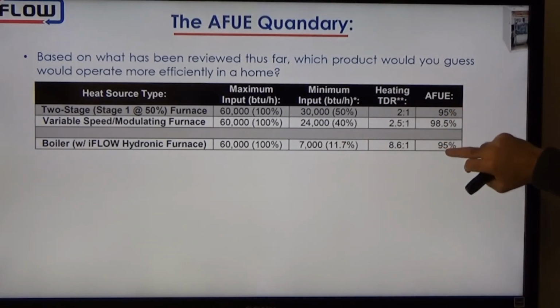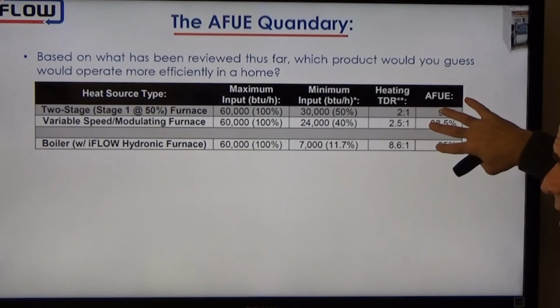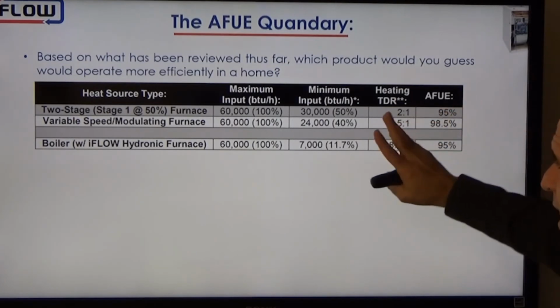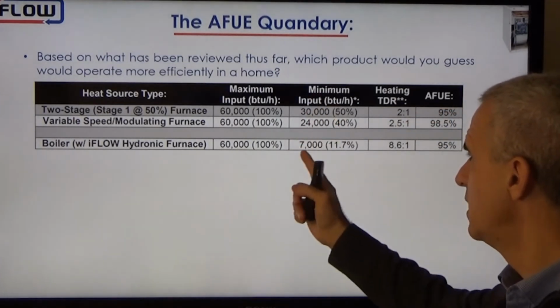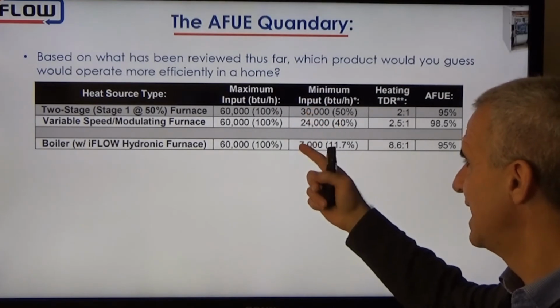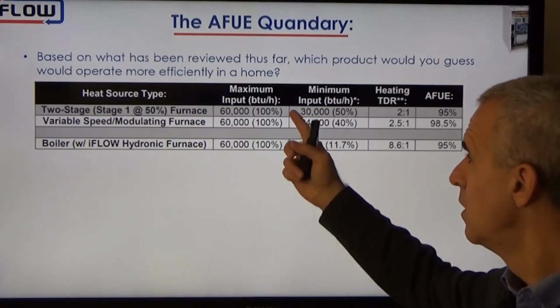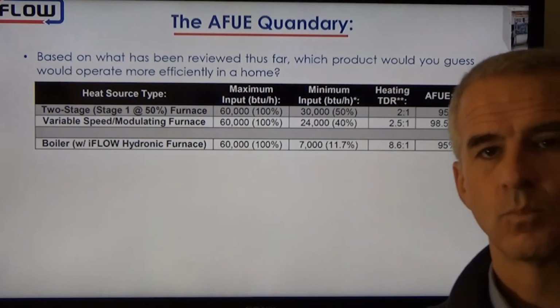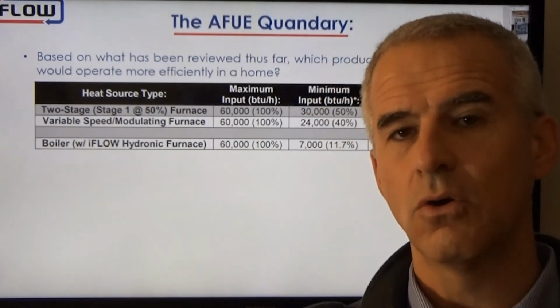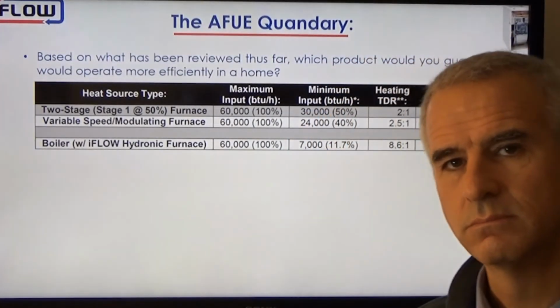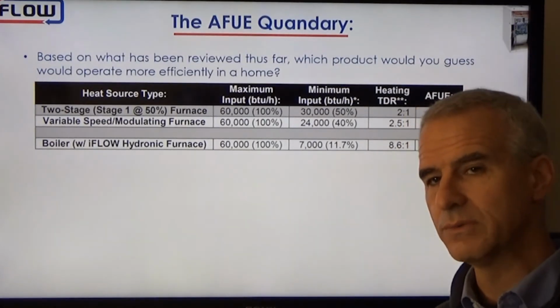So the equipment has similar AFUE, 95, 95, 98.5, all very highly rated, but the minimum input is very different: 30,000, 24,000, and then 7,000. Which one's going to be the better performer? Which one's going to be the more efficient in your home throughout the season? Not only at maximum, but throughout the season.